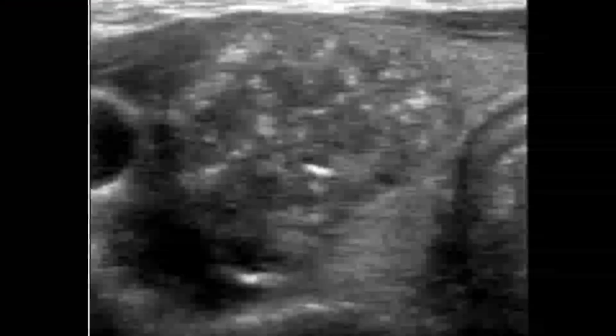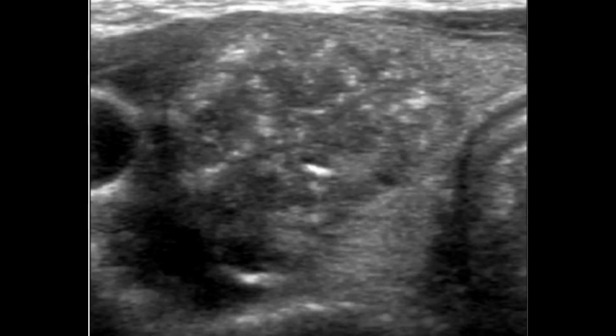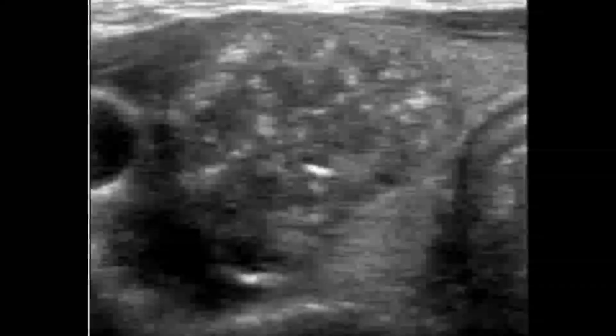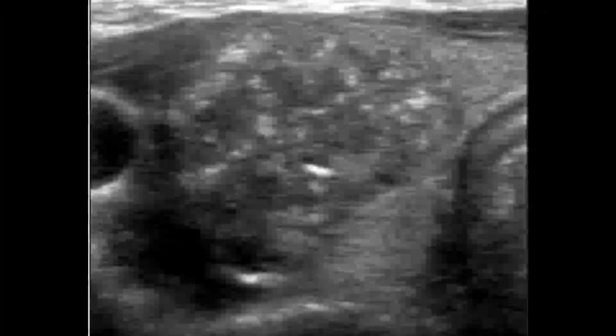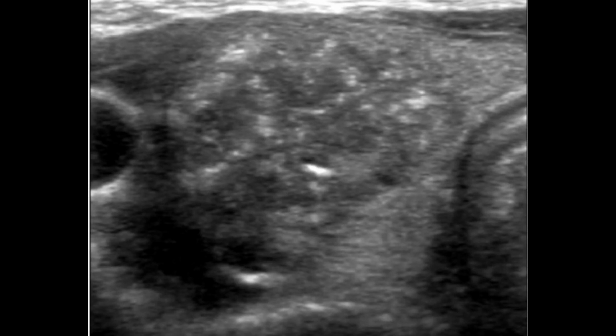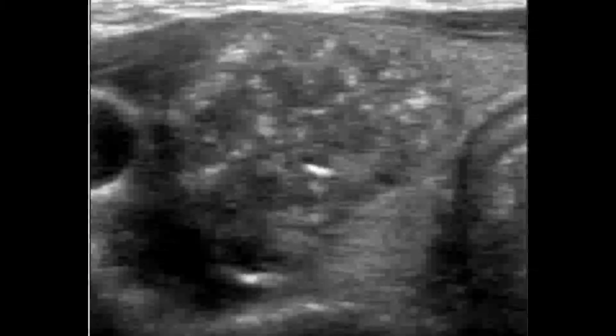I have mentioned in the previous slide that whenever there is a hypoechoic nodule with irregular and lobulated margin, if the calcification is a microcalcification, this would likely be papillary carcinoma, and in medullary carcinoma the calcification would be globular.